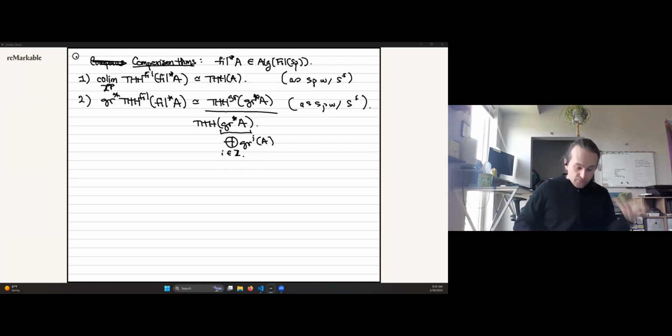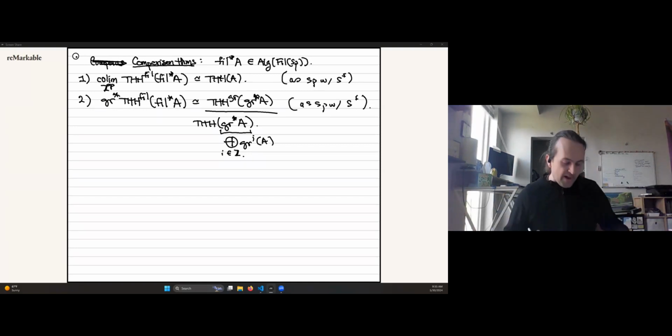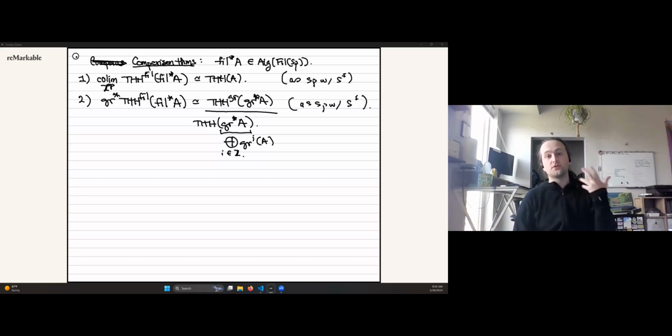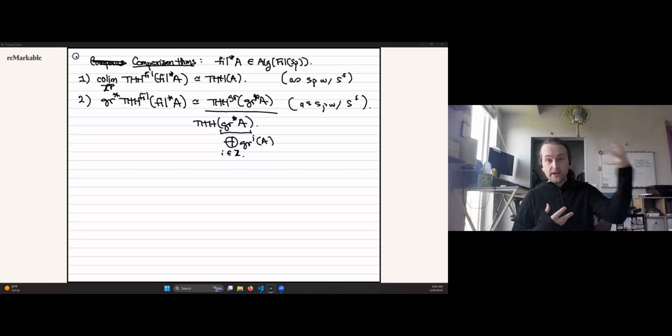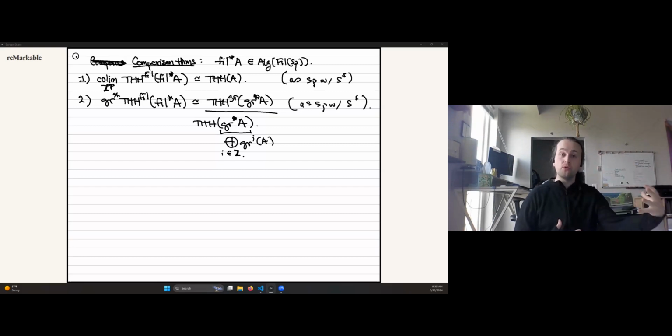So the reason you might want to do this is that if you have a particularly nice filtration on a ring spectrum you're interested in, then this filtered THH and this graded THH are constructions that you can do to try to, again, interpolate between information that you understand and information that maybe you have less of an understanding of.